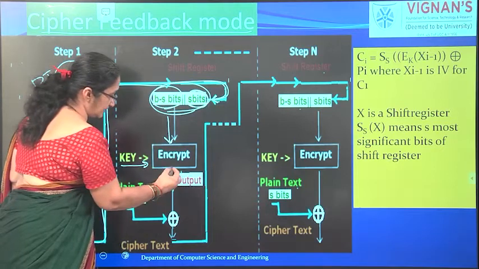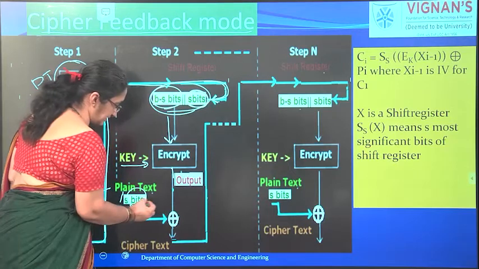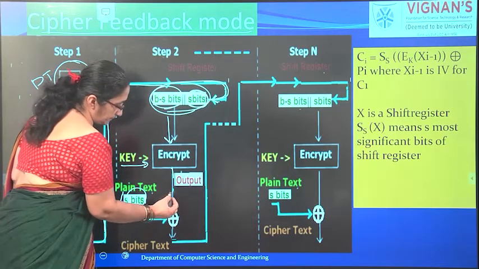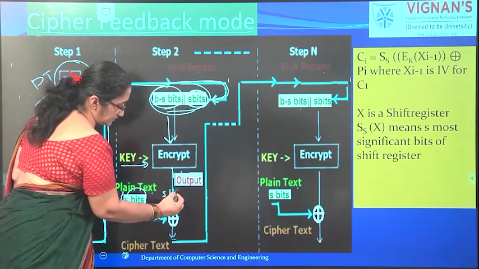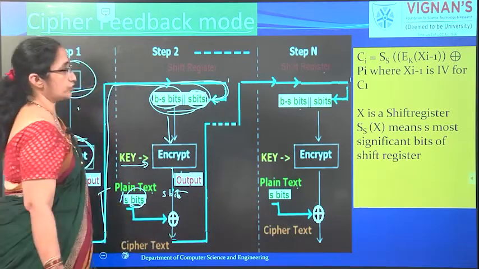You get the output again, you take only the first S bits, that is the most significant bits, and you perform the XOR operation with the S bits of plain text.